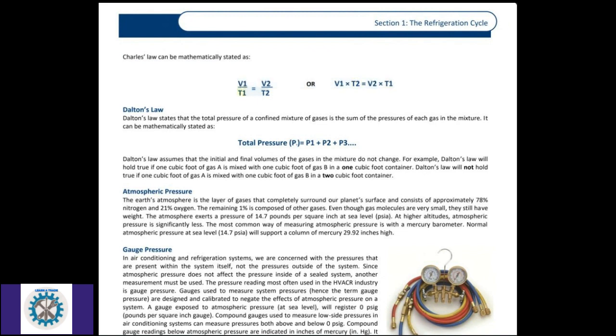Charles's law can be mathematically stated as V1 over T1 equals V2 over T2, or V1 times T2 equals V2 times T1. Dalton's law states that the total pressure of a confined mixture of gases is the sum of the pressures of each gas in the mixture. It can be mathematically stated as total pressure, PT, equals P1 plus P2 plus P3.